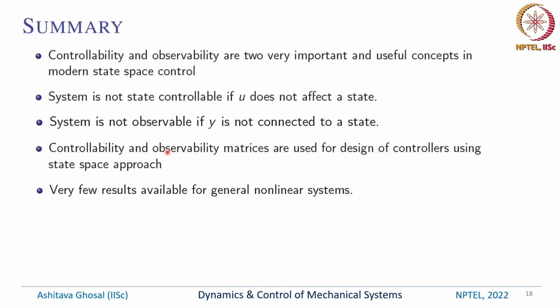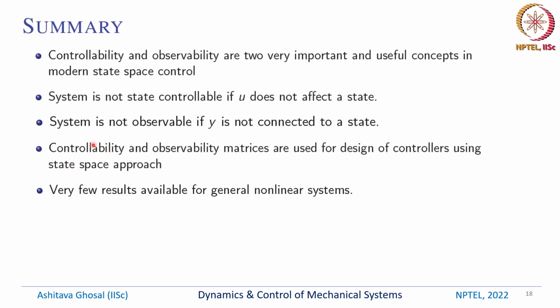So in summary, controllability and observability are two very important and useful concepts in modern state space control. A system is not state controllable if u does not affect a state. A system is not observable if y is not connected to a state. Okay, that is very intuitive and very basic.